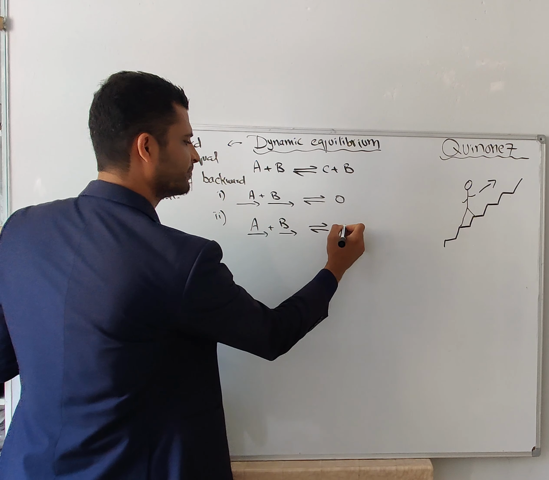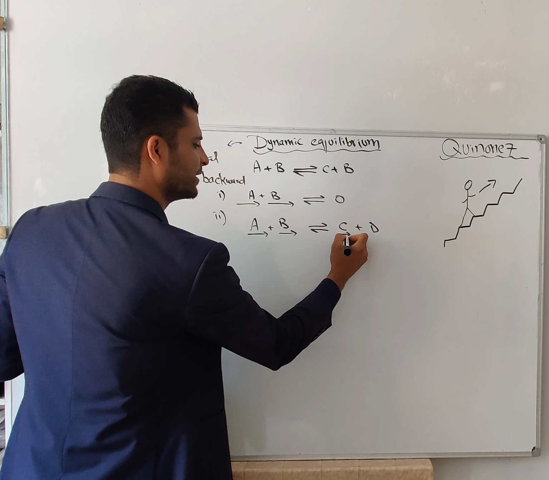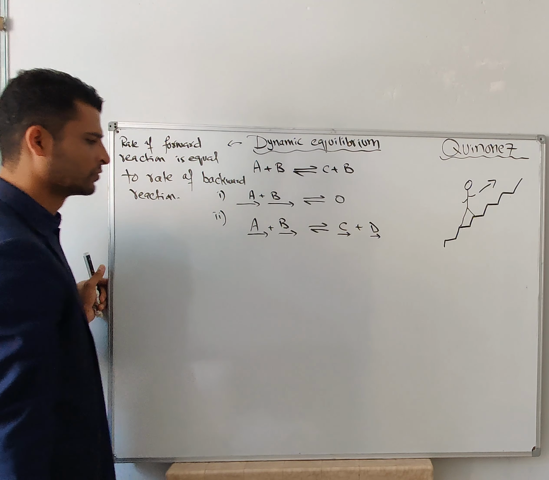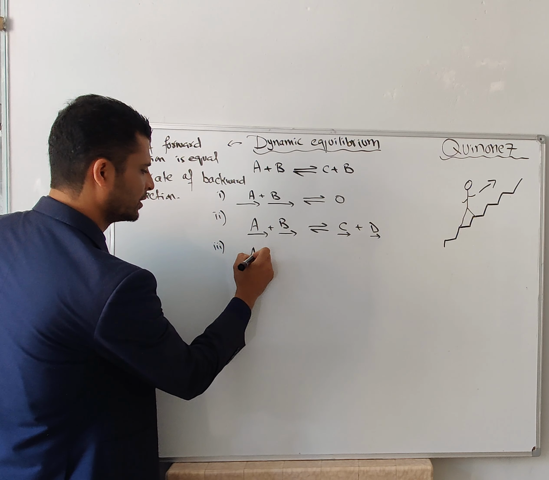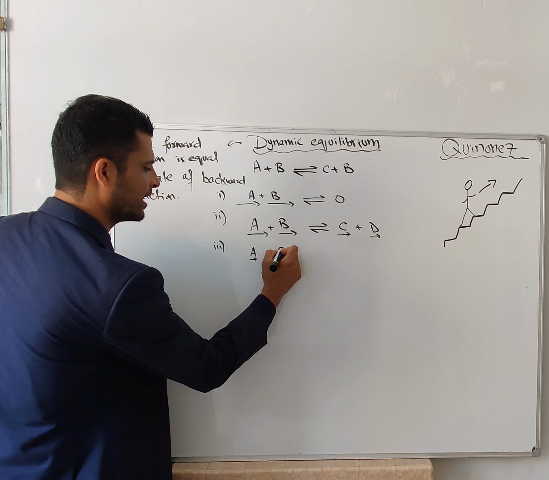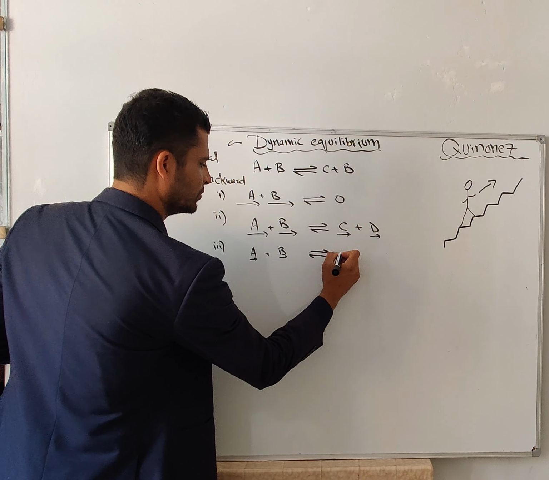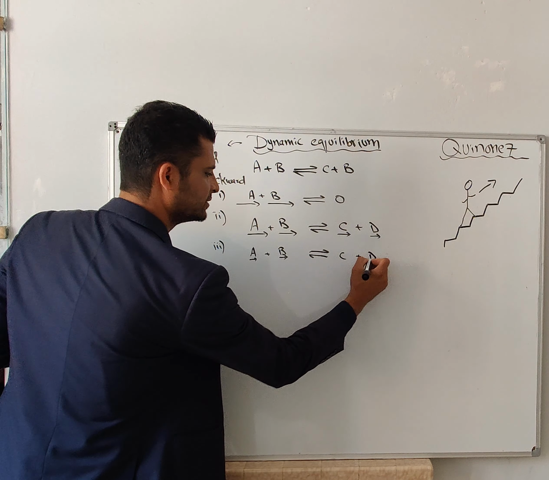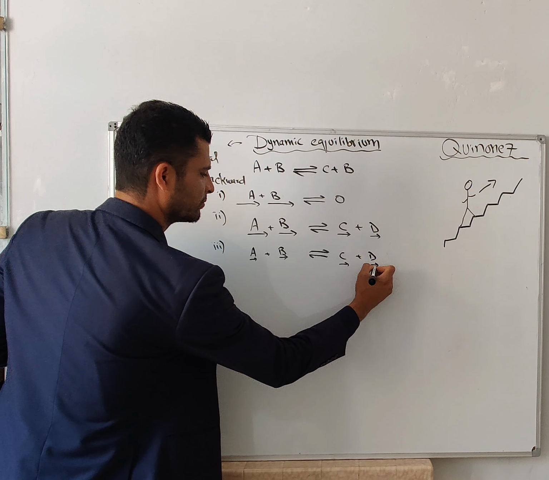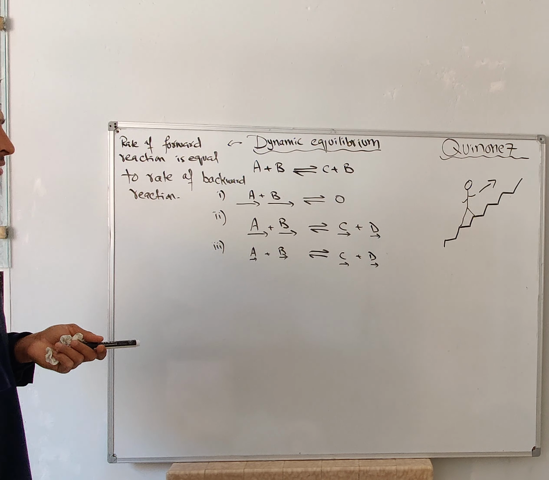And this time you have made some C plus D. Then in the third position, you see A has gone even smaller, and C plus D has about the same concentration.